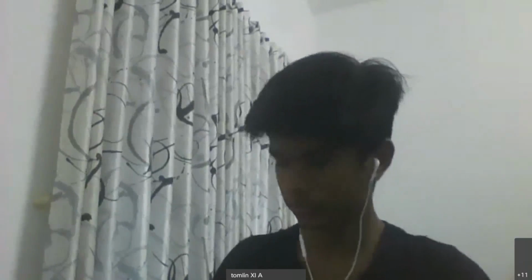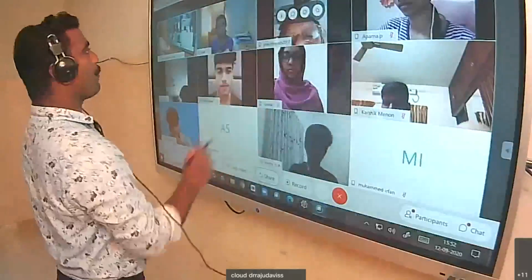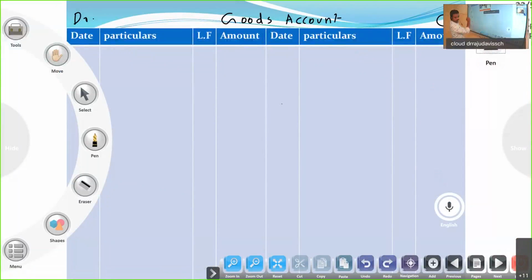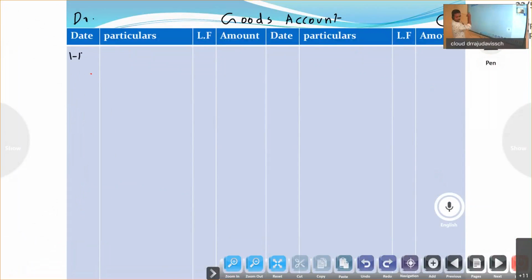So on the debit side we have to write the opposite aspect. So what I have to write? November 1/11/2014, to capital account, amount is 50,000. Okay. So no other goods account.